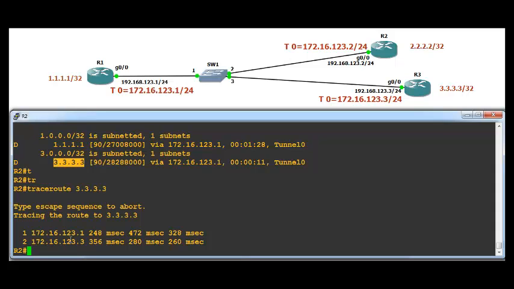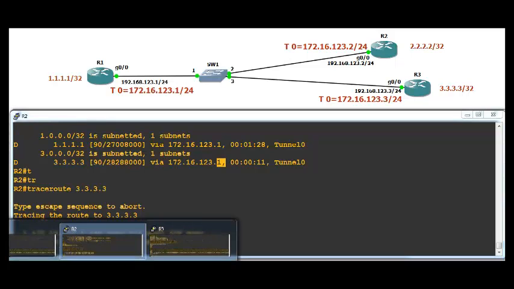But I know the tunnel is direct. Spoke to spoke tunnel, I have a direct connection. Then why is it going like this? The problem is the routing protocol. Look at this. The routing protocol says that in order to reach 3.3.3.3, you need to go to router 1. Now if this next hop is changed from 172.16.123.1 to 172.16.123.3, then I can go directly.